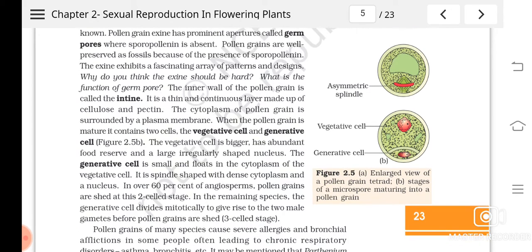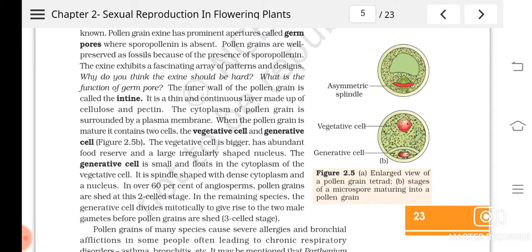In this two-celled condition, around 60% of angiosperms shed their pollen grains. How are pollen grains shed? When the anther dehisces, the pollen grains will be dispersed. So in around 60% of angiosperms, the pollen grains are dispersed in this two-celled condition.